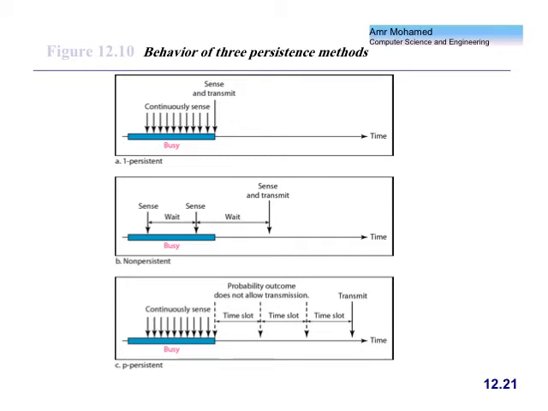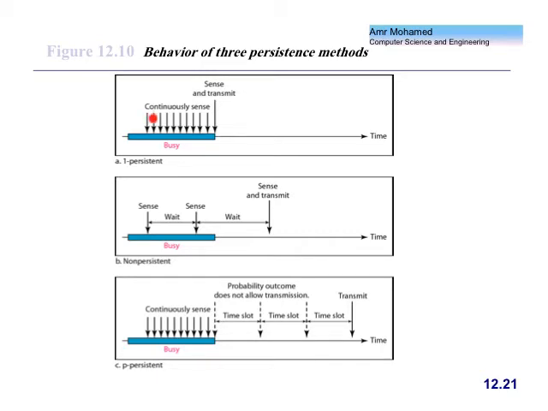So the sensing can be persistent in such a way that I say, is the channel idle? No. Is the channel idle? No. Is the channel idle? I'm going to be annoying. Which means that I'm really persistent, trying to detect the first instance when the channel is idle.